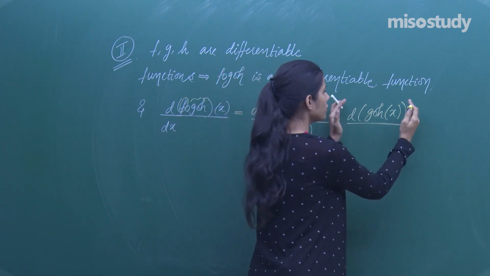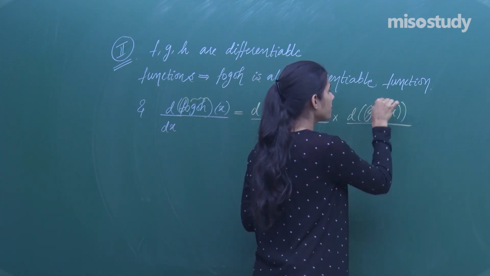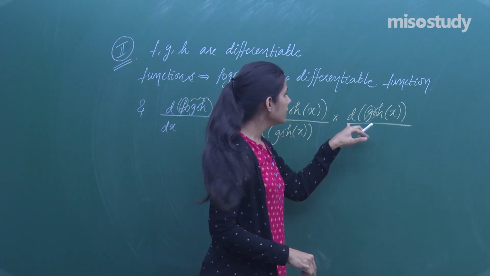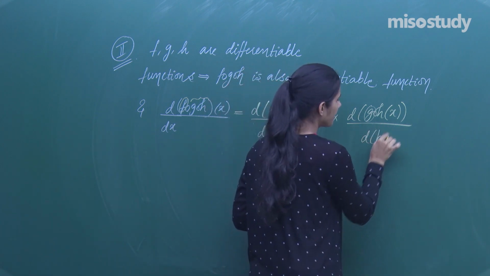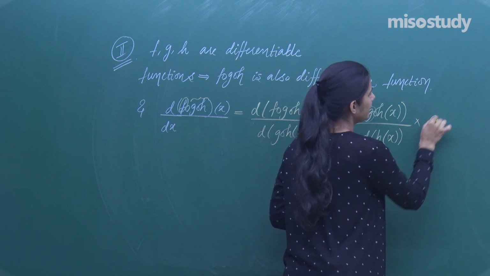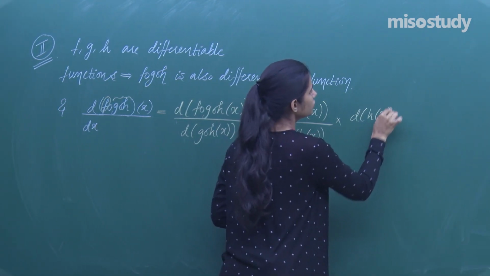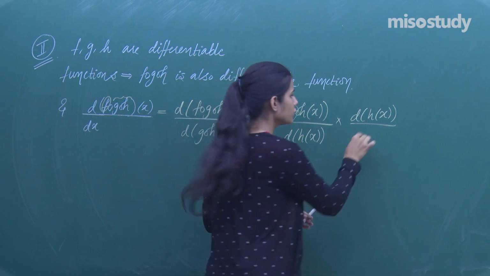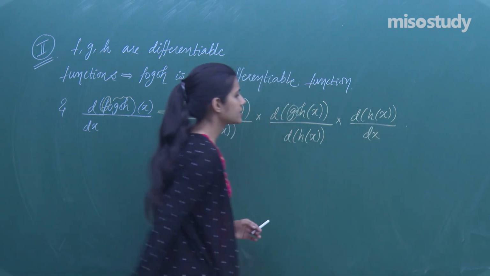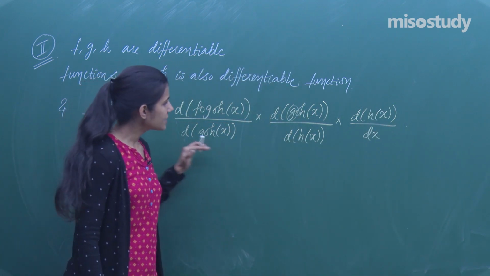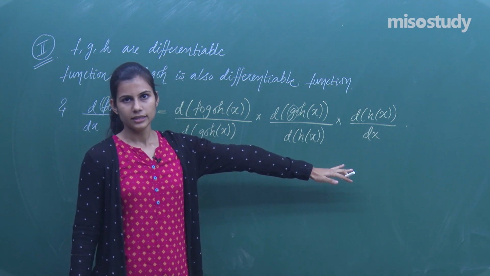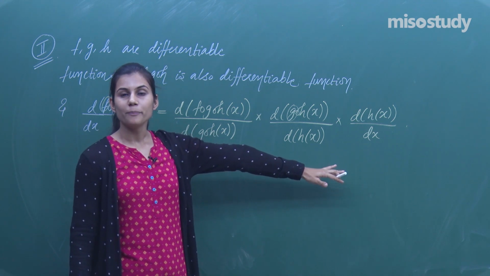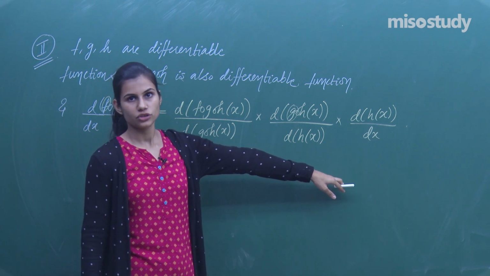So if I only focus upon this, g is former, h is latter. So derivative of g∘h with respect to the latter, multiplied by derivative of this single function with respect to x. That's how this gets extended from 2 to 3. This is the chain rule for composition of 3 differentiable functions.